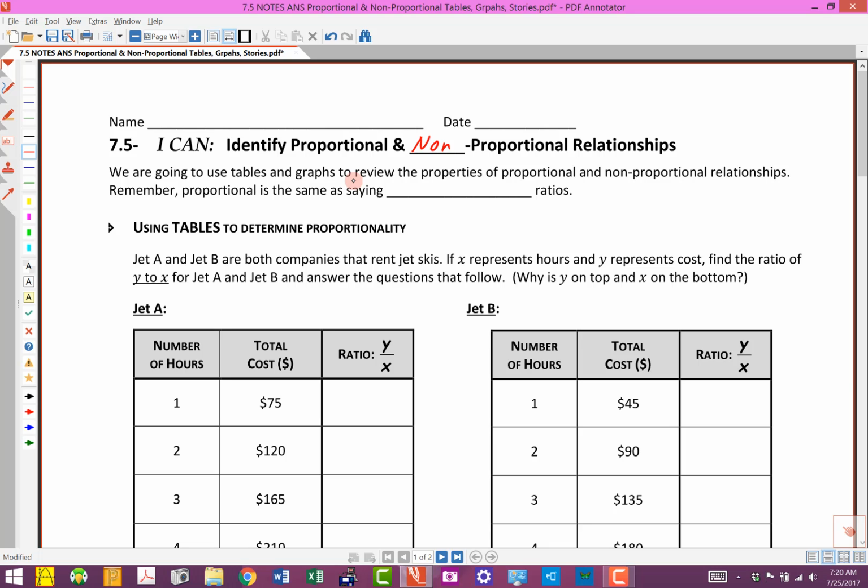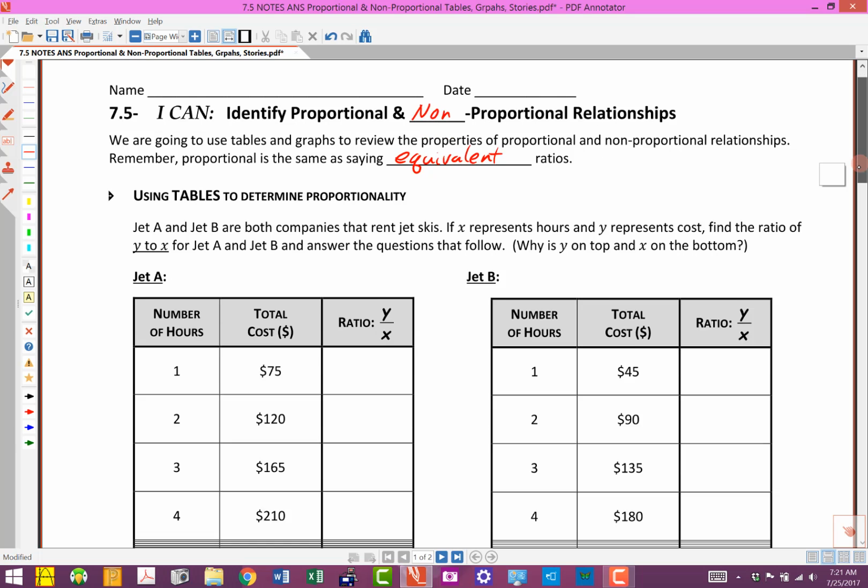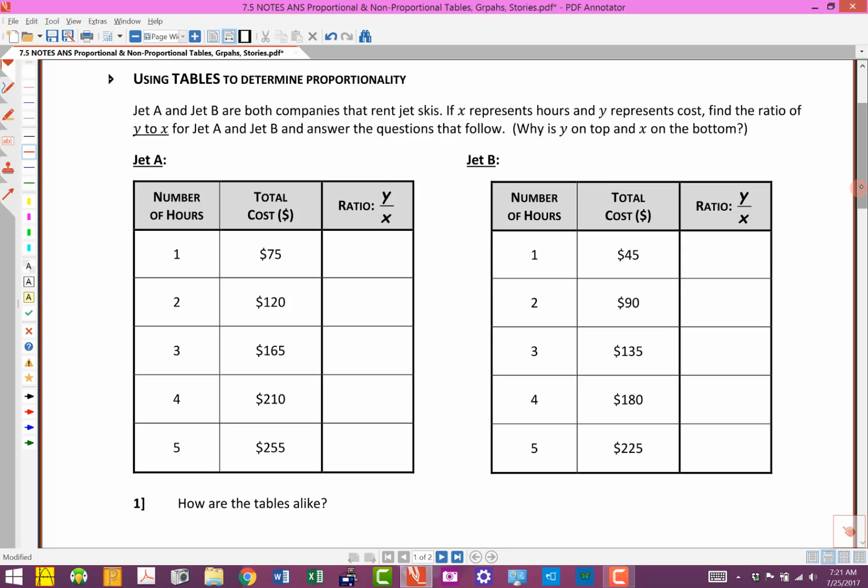Review these properties of proportional and non-proportional relationships. And again, we want to remember that a proportional relationship is basically saying that we have equivalent ratios. So we're going to look first at tables to determine proportionality.